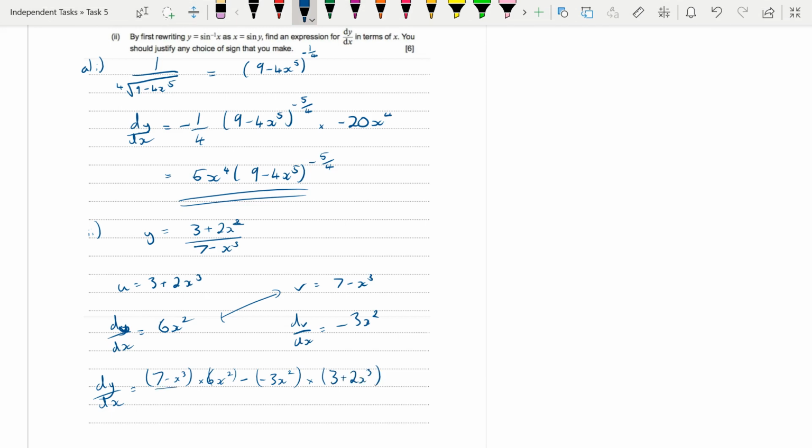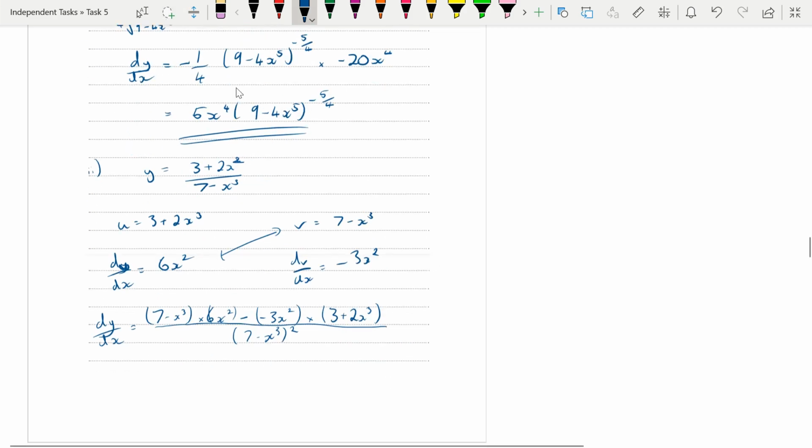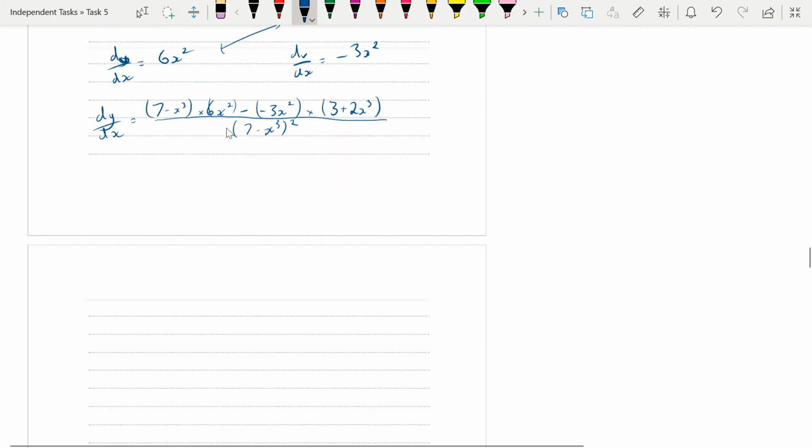And all of that should be over v squared, so 7 minus x cubed all squared. Now, don't expand the denominator because most of the time you can simplify things out. So I'm going to take my time now. I'm going to tidy up that numerator a little bit.